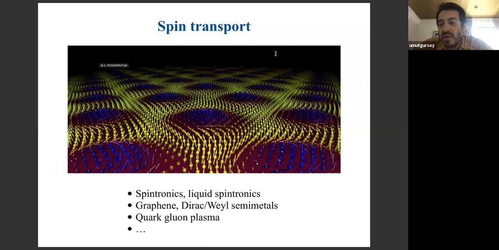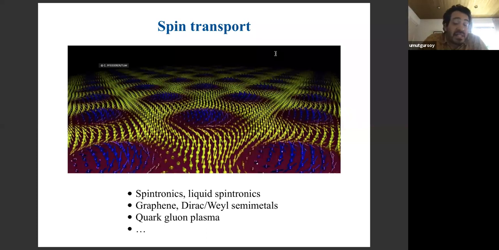There was a very recent development in this field. I'm obviously not an expert in spintronics, but I read papers. This development started a new subfield within spintronics called liquid spintronics. I will talk about the experiment that started this field in the next slide.